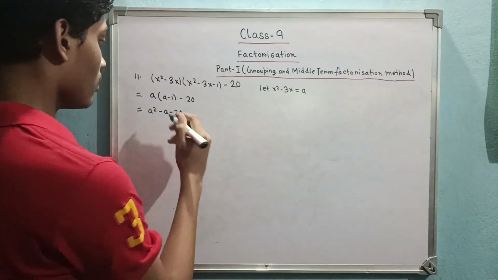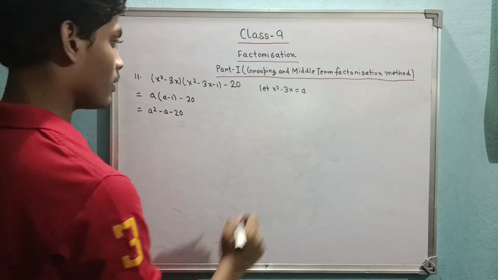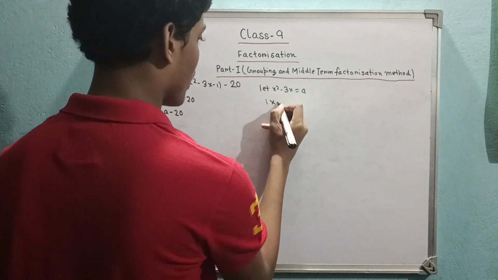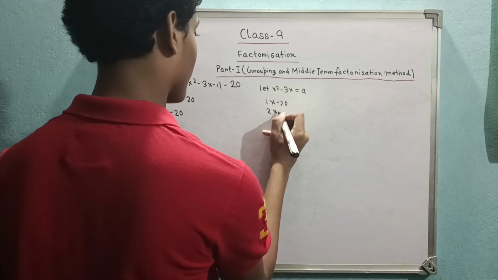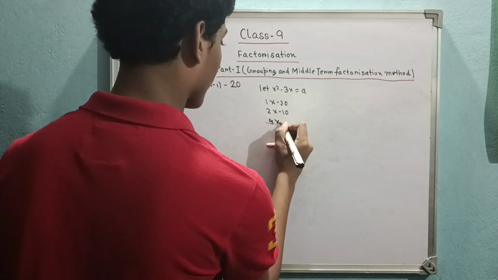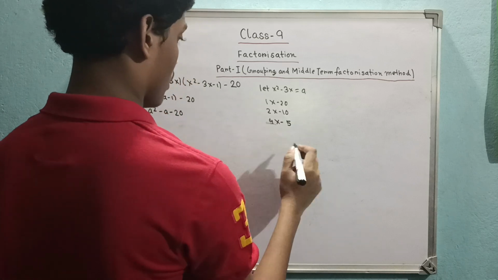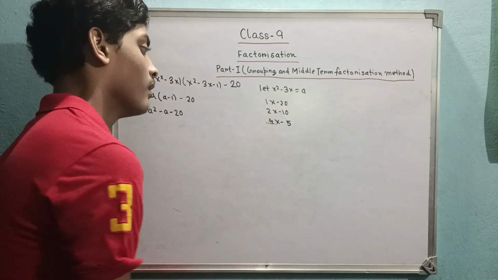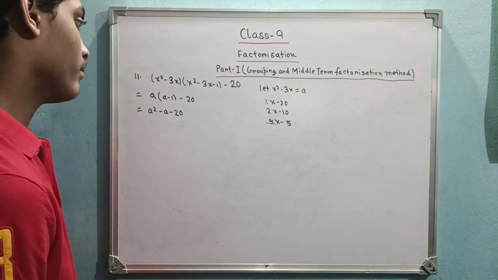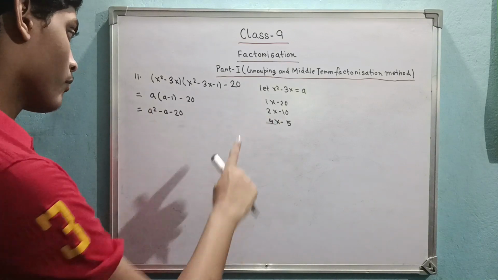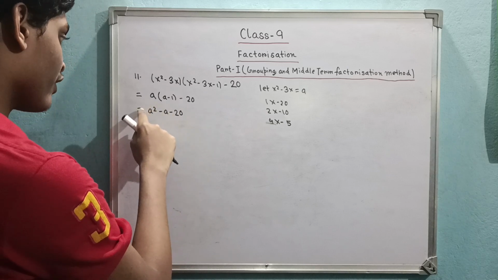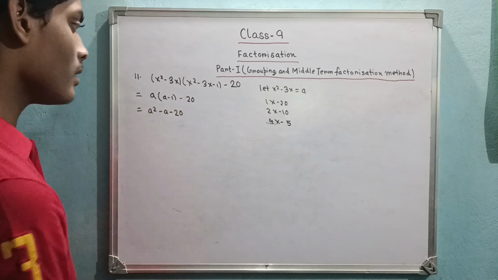Now what can we do? Minus 20 into 1 is minus 20. Let's see how minus 20 can be formed. 1 into minus 20, 2 into minus 10, 3 not, 4 into minus 5. Okay. So guys, see now. 4 minus 5 is minus 1. 4 into minus 5 is minus 20.